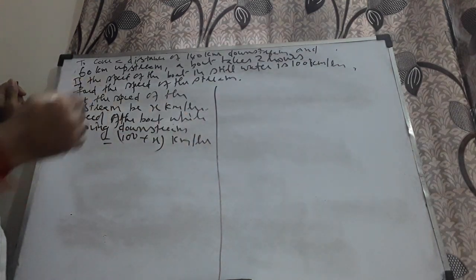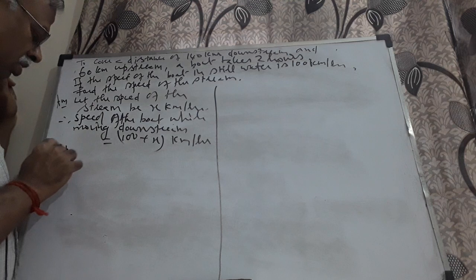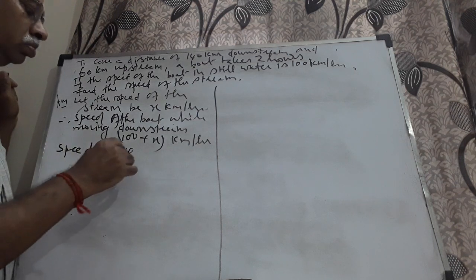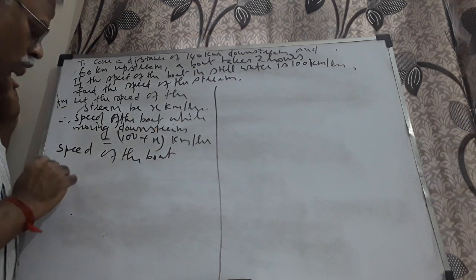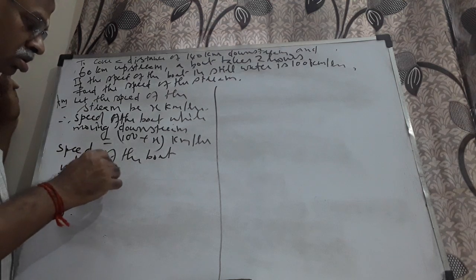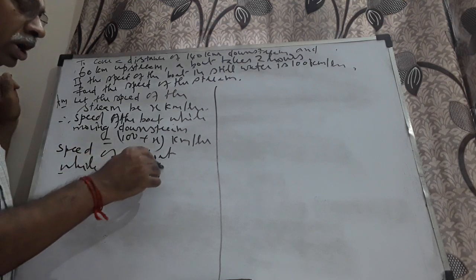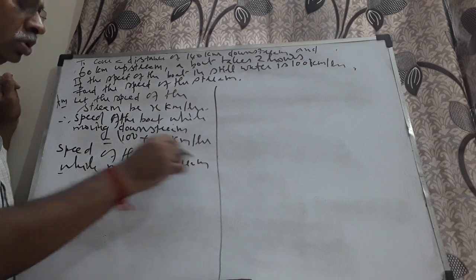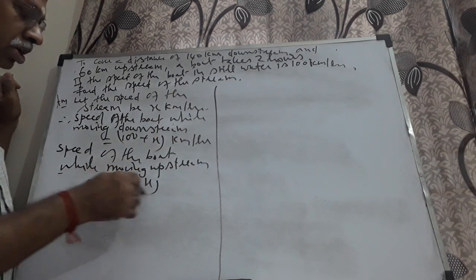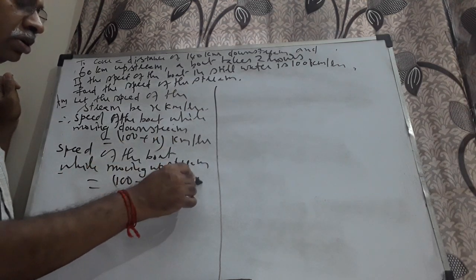It moves along with the current. Speed of the boat while moving upstream is equal to 100 minus x kilometers per hour.